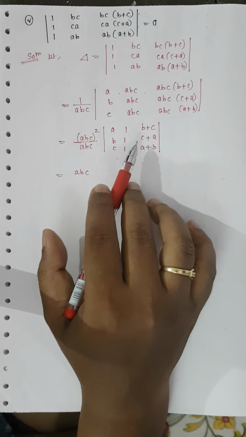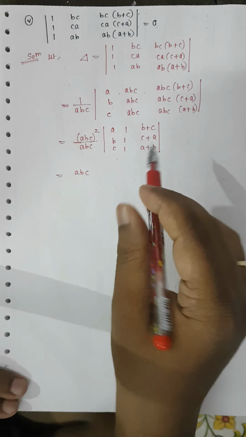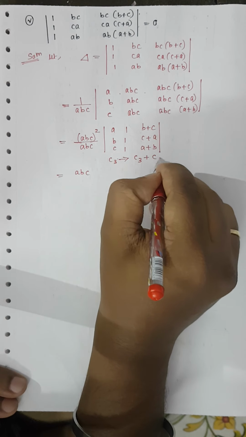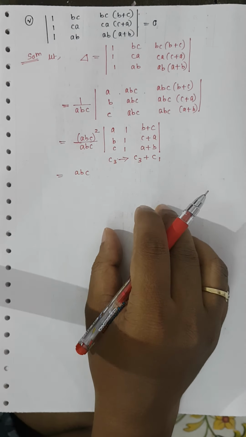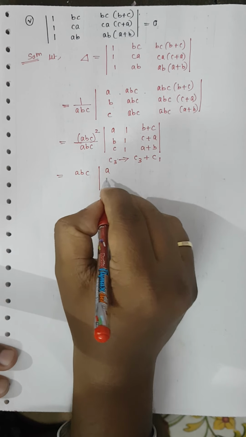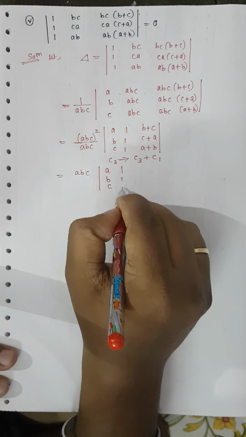Just like question number 1, if I write column 3 changes to column 3 plus column 1, I have added the elements of column 3 and column 1. It becomes A B C, 1 1 1.